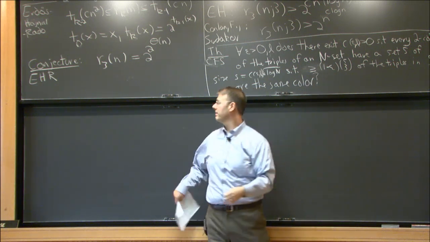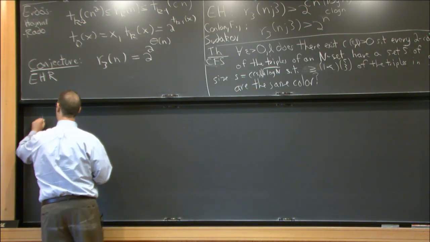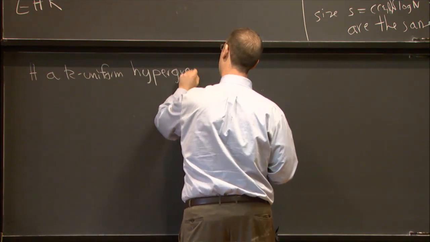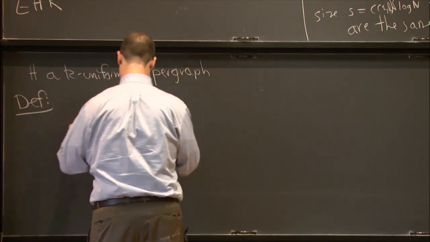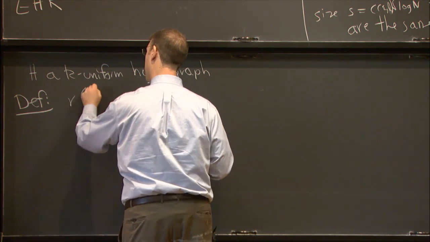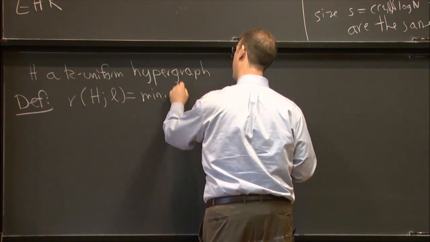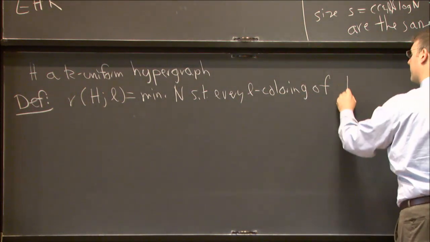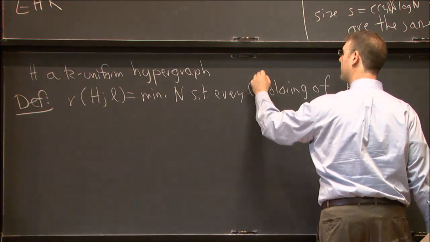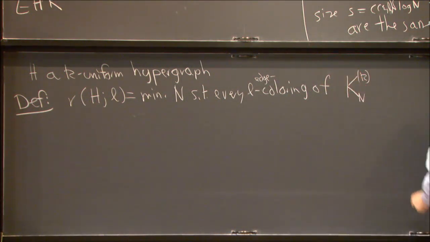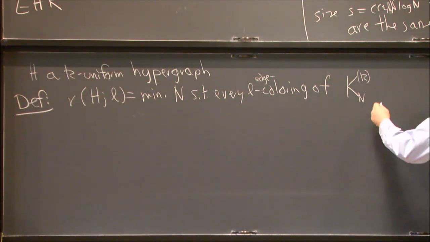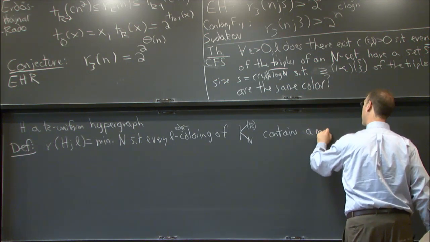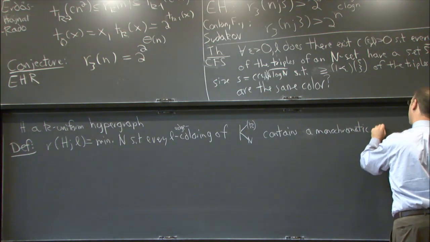So if H is a k-uniform hypergraph, so the edges are k-subsets, the hypergraph Ramsey number R_L(H) is the minimum big N such that every L-coloring of the complete k-uniform hypergraph, so you color all the k-tuples of an N-set, contains a monochromatic copy of H.